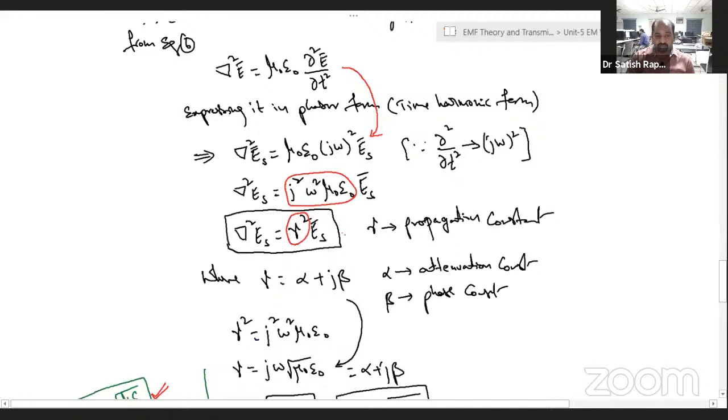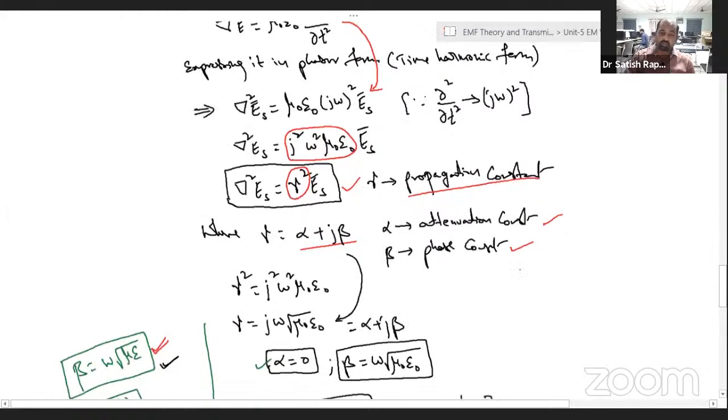In phasor form, this is the wave equation: del square Es is equal to gamma square Es, where gamma is the propagation constant, expressed as alpha plus j beta. Propagation constant is a complex number, where alpha is the attenuation constant and beta is the phase constant.